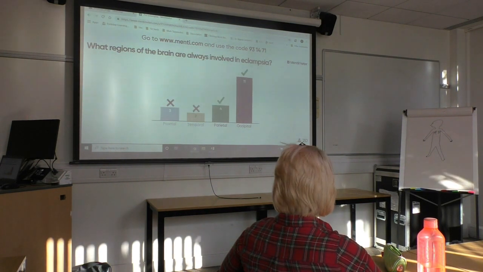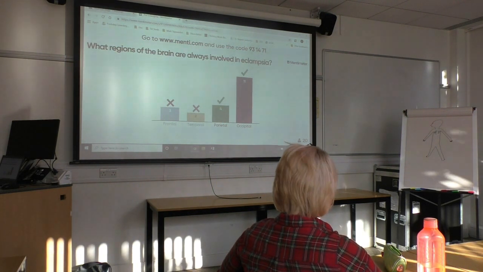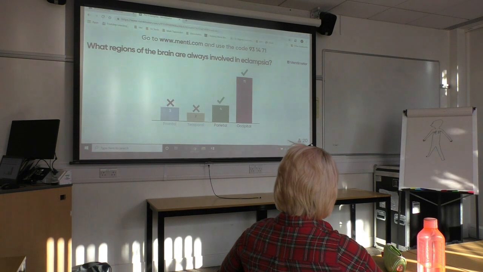So, whereabouts? Does anyone remember where the parietal and occipital lobes were placed? Yeah, back of the brain, right by the bit that keeps you alive.